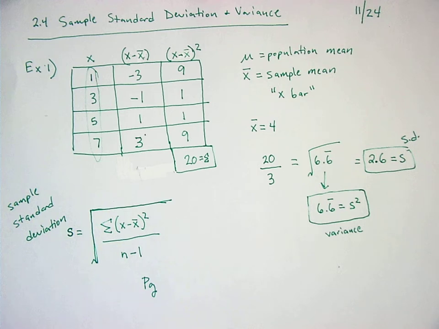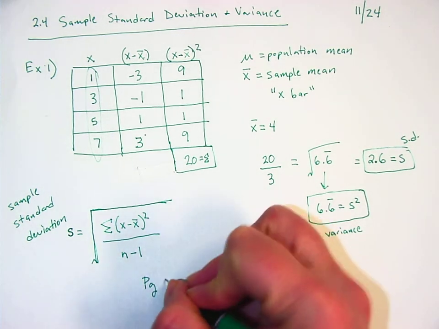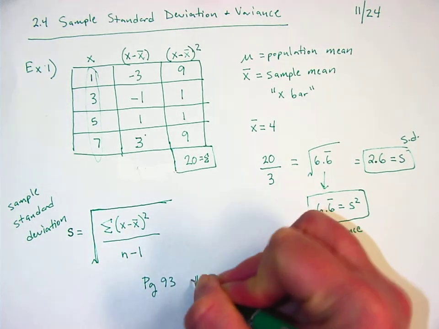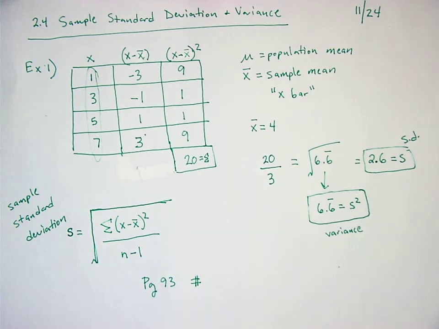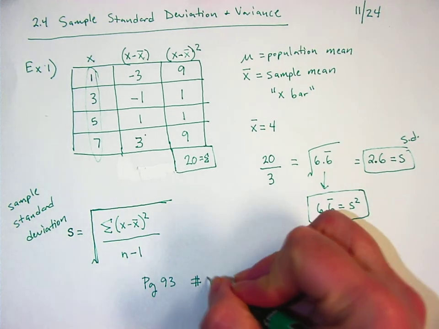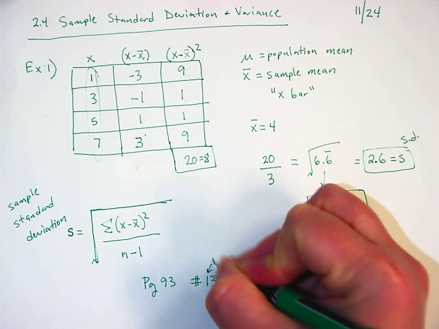Your homework is going to be, let's do 2 problems. This is page 93. Let's do number 13, which is a population standard deviation.